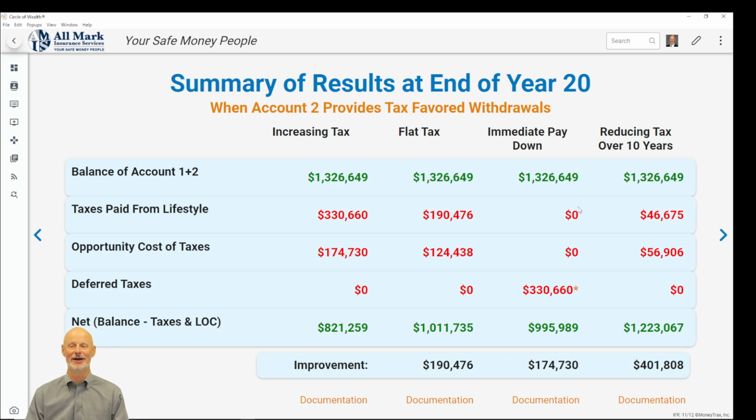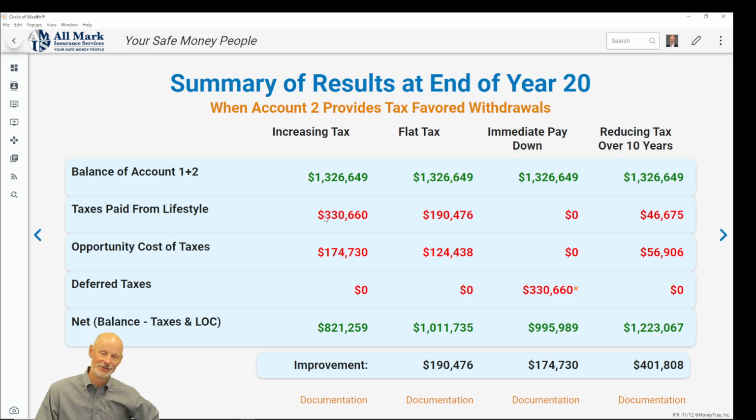And if we paid it down immediately, if we just simply moved it over and then grew it tax favored from that point forward, or tax favored over here and tax free over here, we had zero in taxes here, but now we have a tax deferral of $330,000 here. Over reducing it in 10 years, it went to 46 and 56 and 1.23.